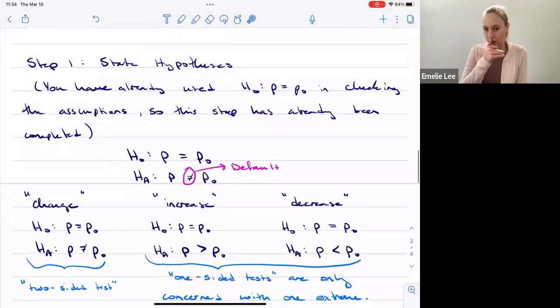So stating your hypotheses, now you have more than one option, whereas if you were using the confidence interval approach, you had to use the not equal to. I will say this, if you're ever unsure, or if you want to feel more confident in your results, then use the not equal to.